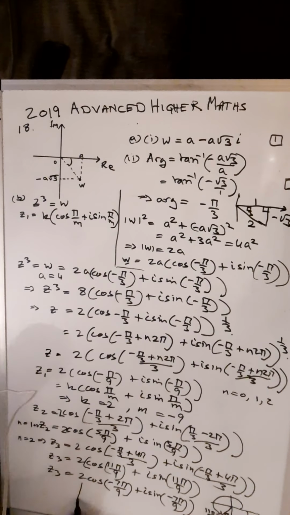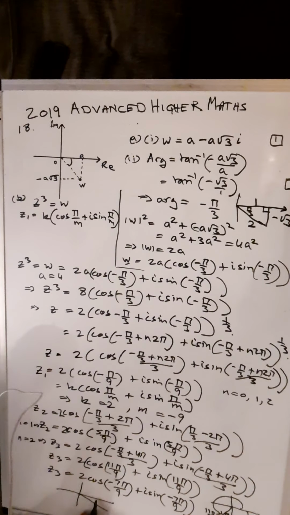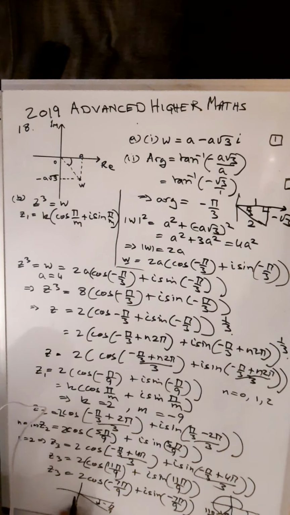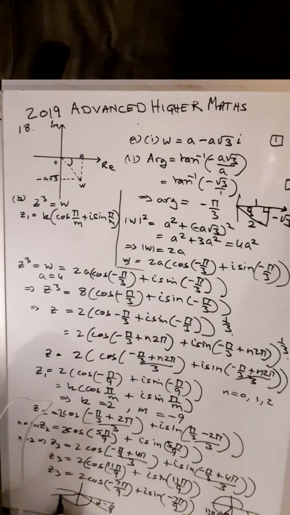So what you have is, there's minus pi by 9 there. And then you got minus 7 pi by 9. You're moving by pi by 3 here. So this would be minus 7 pi by 9.